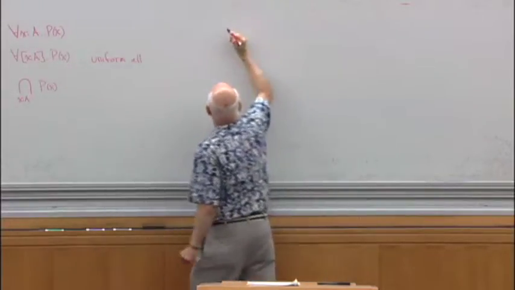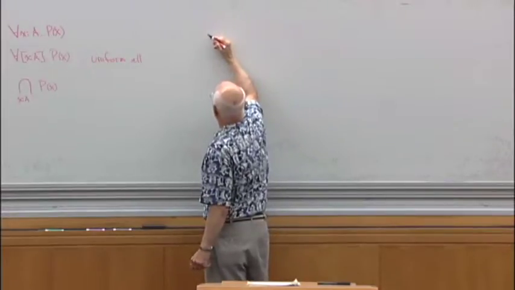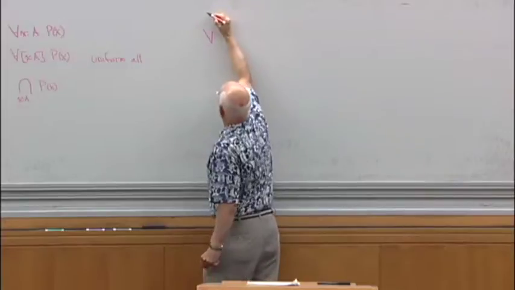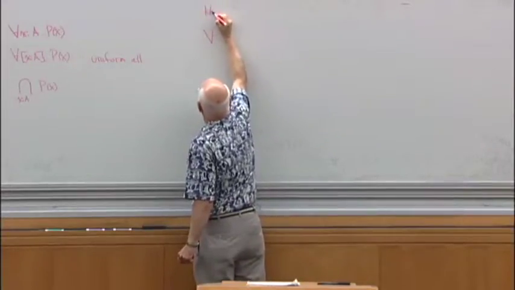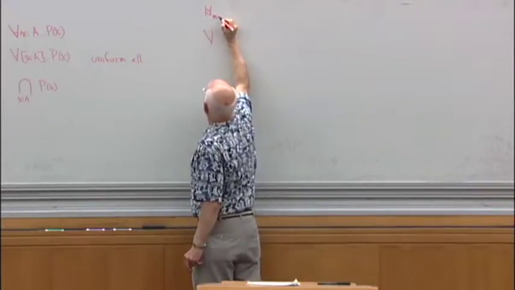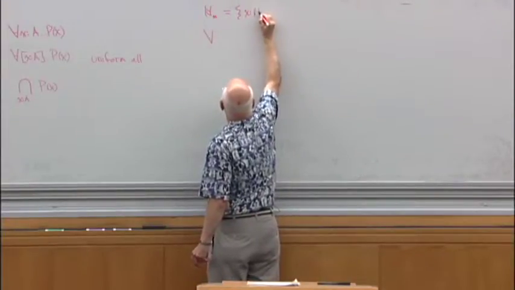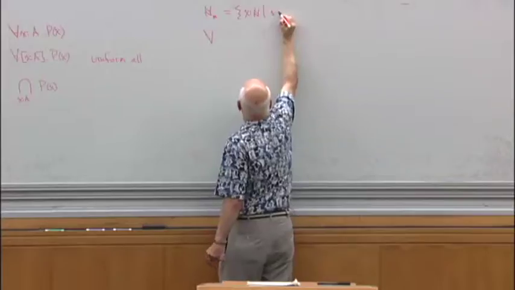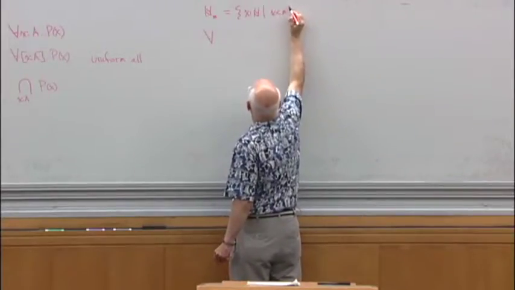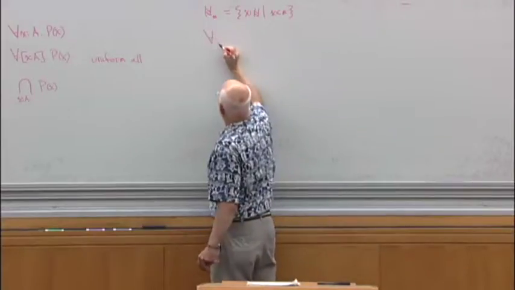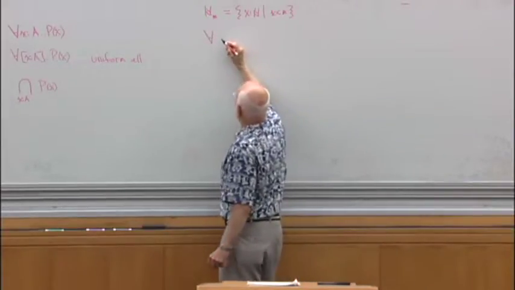Let's first write down the standard form of complete induction. So I'll use this kind of notation: n sub m is the collection of all x's in n such that x is less than m. And let's say we write complete induction this way.